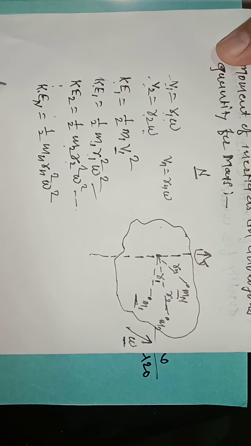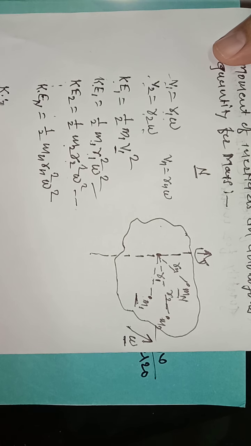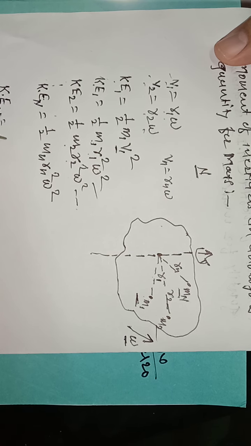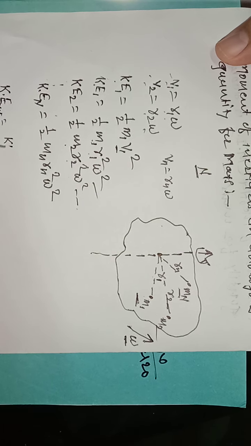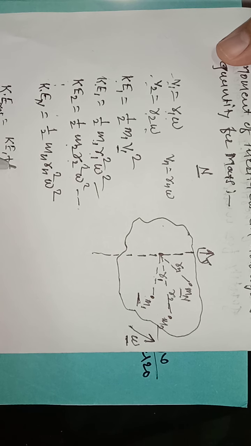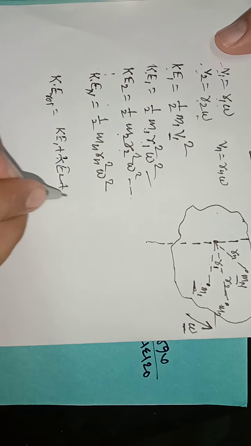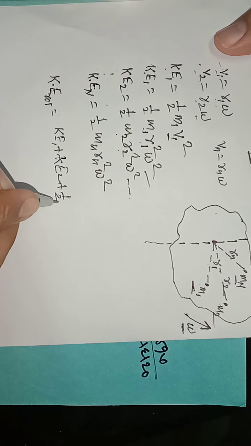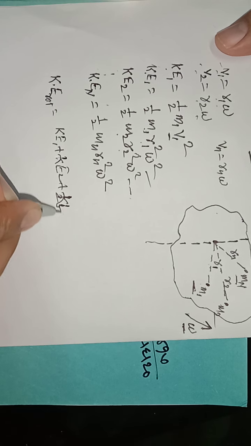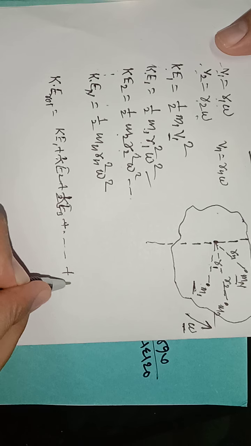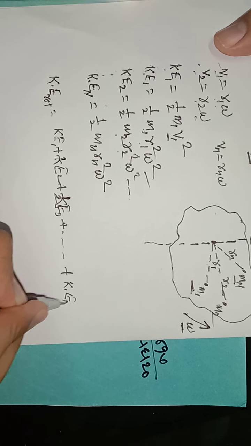So we can write here KE rotational is equal to the summation of all these kinetic energies, that is KE1 plus KE2 plus KE3 plus and so on, last KE(n).